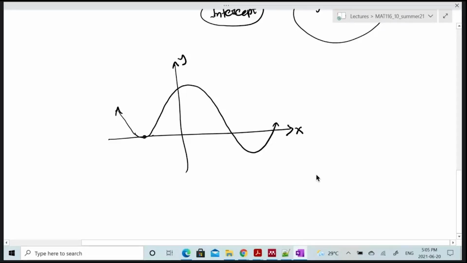But you see, there are a few points on the x-axis where the graph basically touched it or crossed it. Now these points are called x-intercepts. Similarly, you see there is one point here on the y-axis where the graph crossed it, then this point is called the y-intercept.